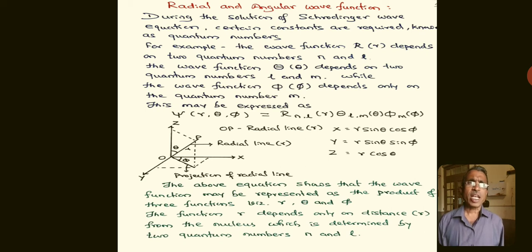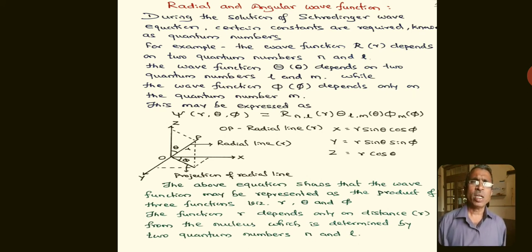This may be expressed as the wave function psi, which depends on the radius r, the angles theta and phi, is equal to R depends on n and l, theta depends on l and m, and phi depends on only one, m, the magnetic quantum number.